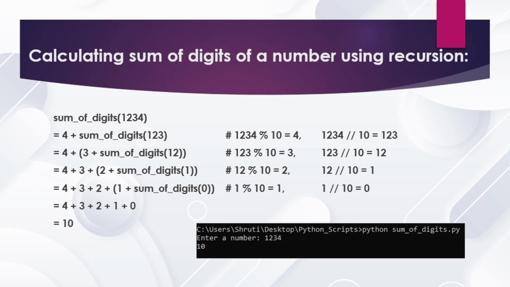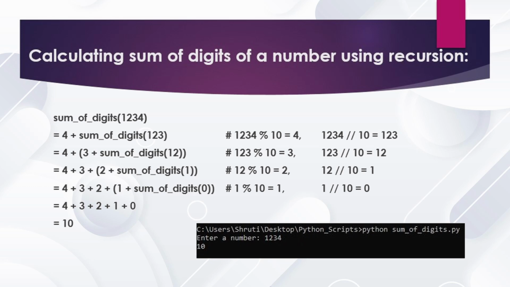So, first of all, here we can see that we have passed the whole number 1234 to the function sum_of_digits. Now, 1234 modulus 10 returns the number 4, and 1234 divided by 10 gives us the number 123. Now, the remaining number is again passed to the function sum_of_digits.